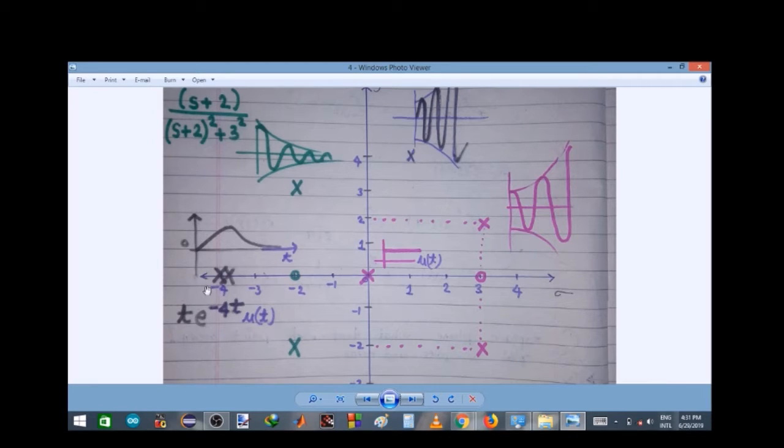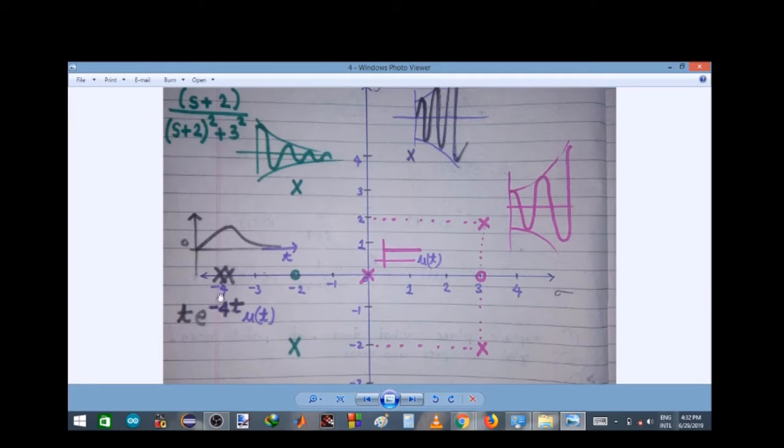You know that if you multiply a function by t, then it is like differentiating in the Laplace domain with respect to s and multiplying it by a negative sign. So we are doing minus d by ds of the Laplace transform of this quantity. If you do minus d by ds of 1 over s plus 4, it will give you 1 over s plus 4 square, which is this function.